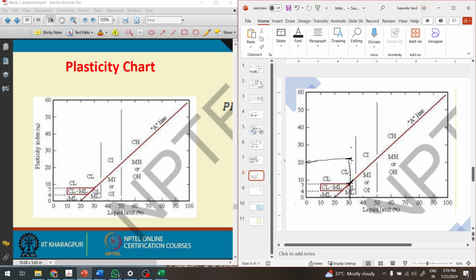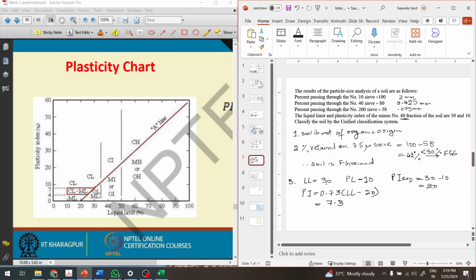So this lies in the clayey part. Second thing that we have identified is that PI is above A line.